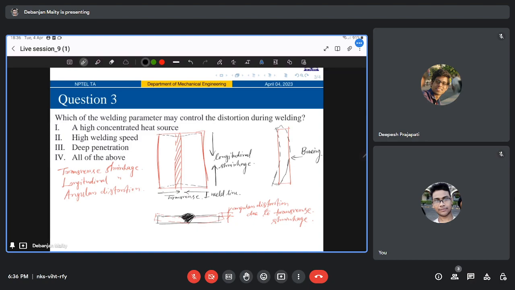So bowing is basically angular distortion caused due to longitudinal shrinkage. Correct?